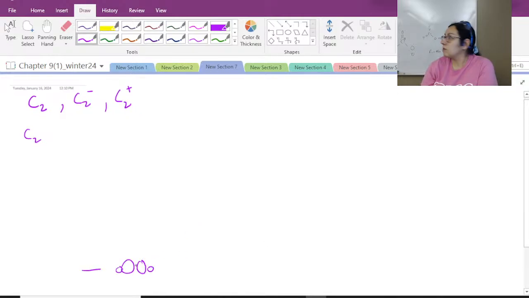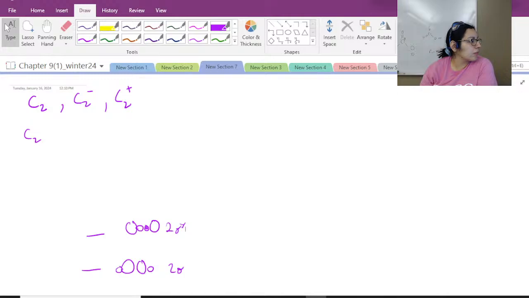And then there's the pi bond that's in phase. And then after that you have the sigma bond that's in phase, but the electron density is on the outside. And I think that's all we need for this one.